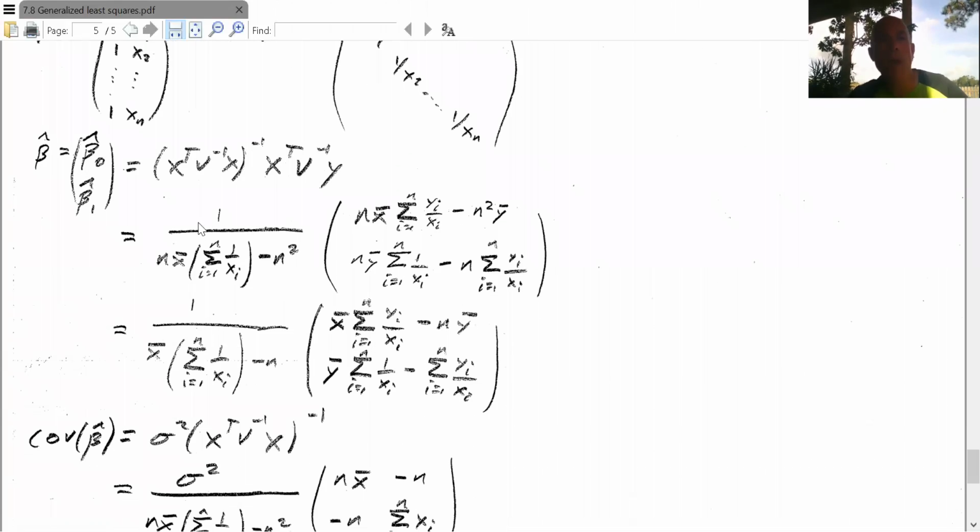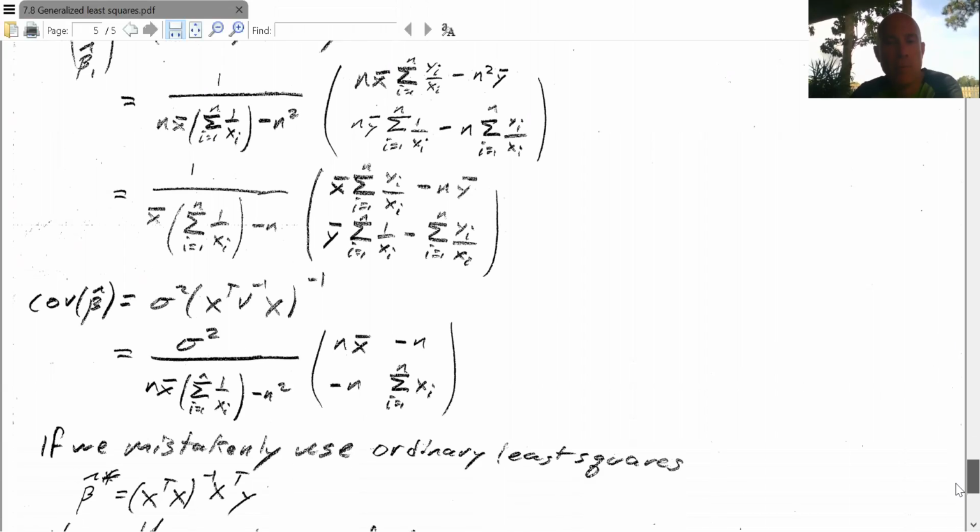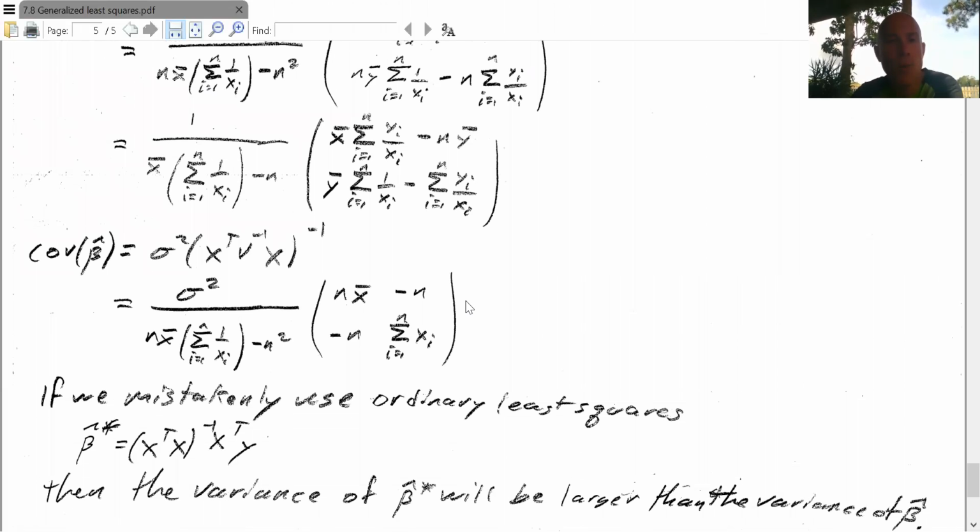Then I can start plugging and chugging and working this out. This is basically just crunching out the equations, and we'll end up getting the covariance on our estimate.